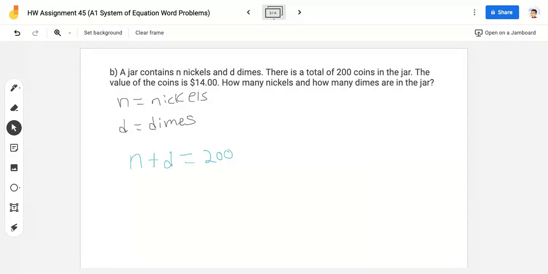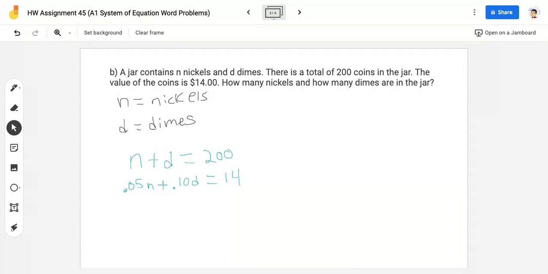What's the value of a nickel? Be very careful with this one. 5 cents. A lot of people want to write 0.5. Plus the value of a dime is equal to a total of $14.